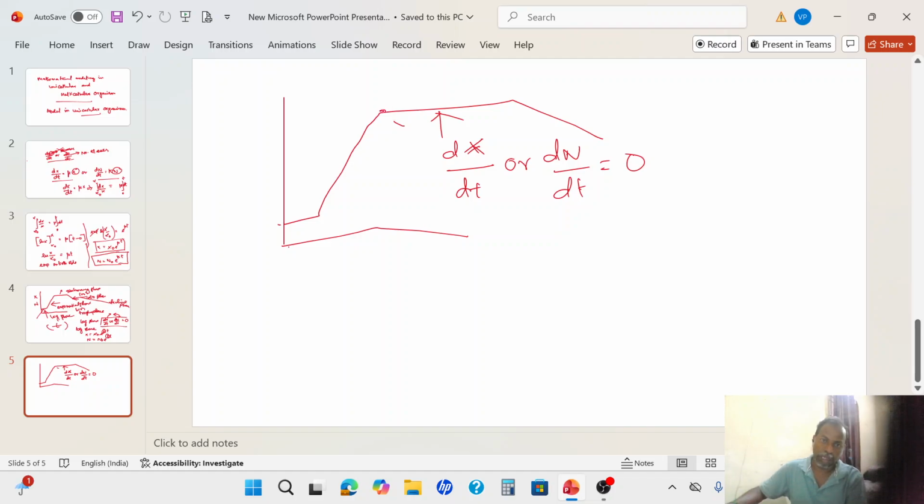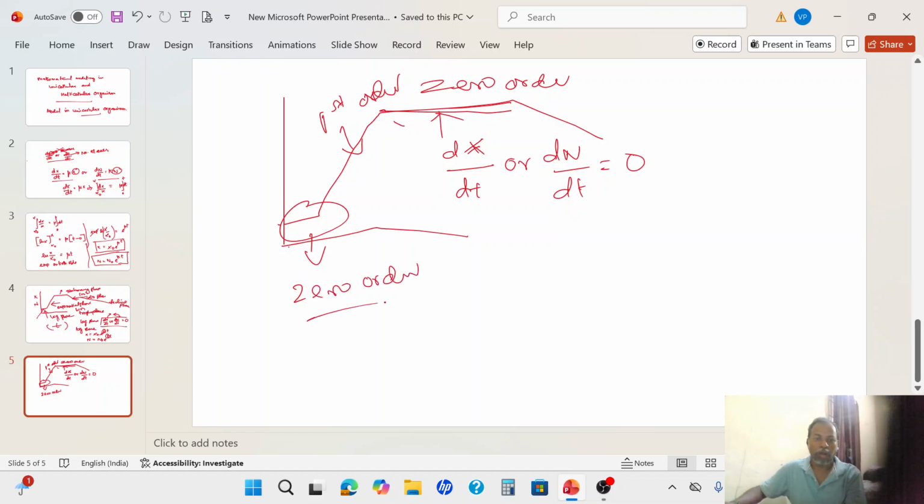Since the line is obeying zero order kinetics, and this line is obeying first order kinetics, and this line is again obeying zero order kinetics. The horizontal line obeys zero order kinetics. Whatever line is inclined, in a positive or negative direction, is obeying first order kinetics, positive first order kinetics or negative first order kinetics.